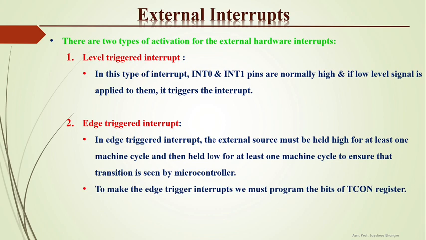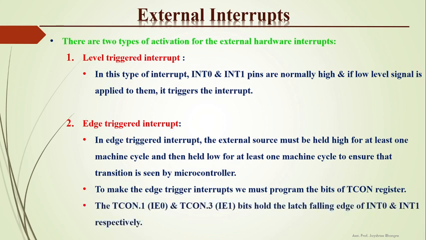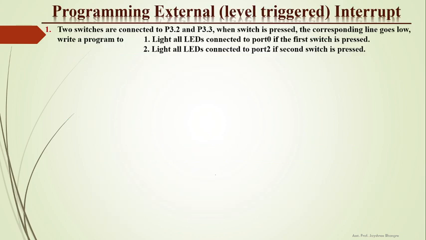So to make the edge triggered interrupts, we must program the bits of the TCON register. These TCON register bits are nothing but TCON.1, that is IE0, and TCON.3, that is IE1. They hold the latched falling edge of int0 and int1 respectively. And we have seen this TCON register in a previous video.